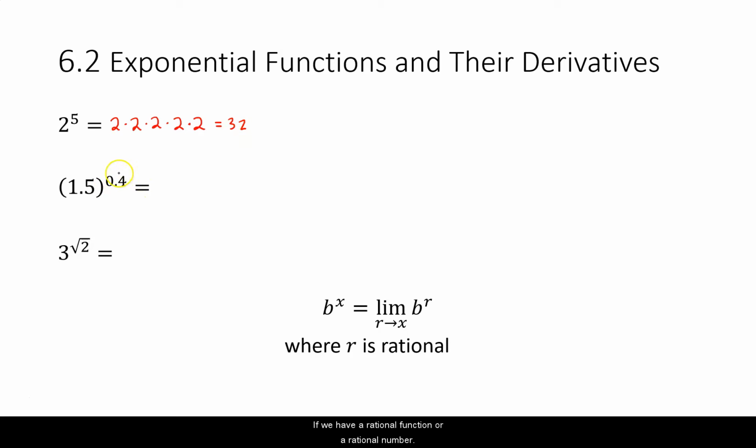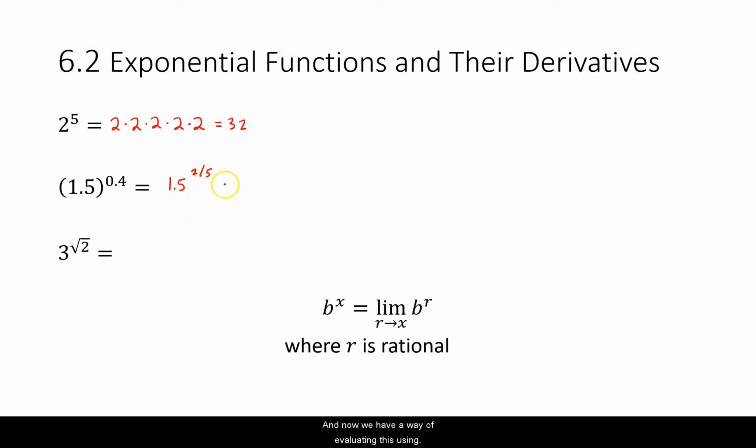If we have a rational number as an exponent, what does that mean? So for instance, if I've got 1.5 raised to the 0.4 power. Well, any rational number can always be expressed as a fraction. And so really this boils down to thinking of 0.4 as the fraction 2 over 5.